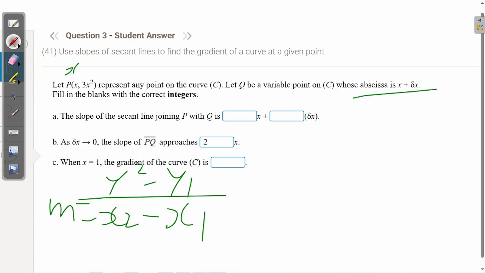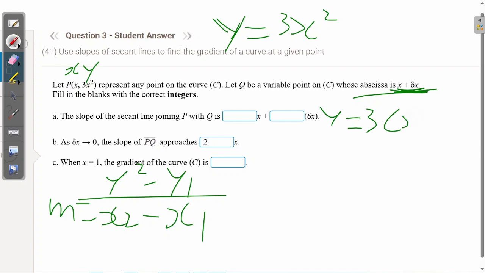Okay, if this is x and this is y, then we can say that y is equal to 3x², right? This is the equation of the curve. We want to find the y of this one. So y is equal to 3(x + Δx)². I write the delta like this because it's easier for me.